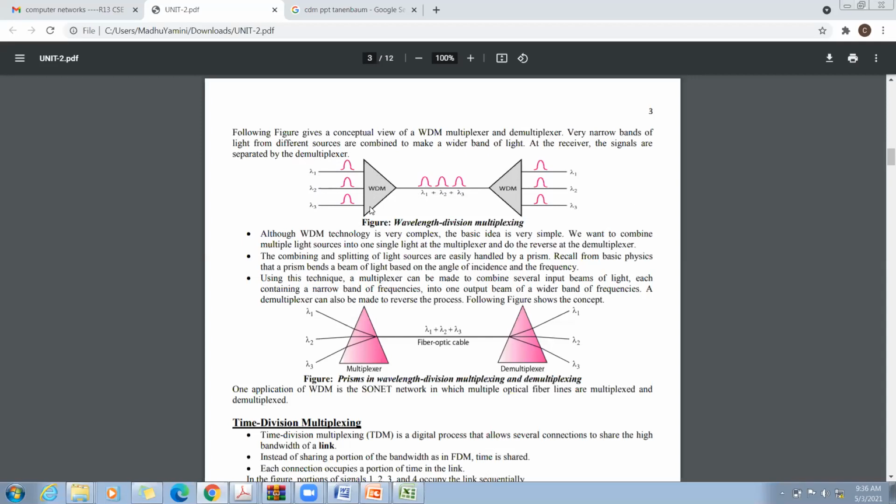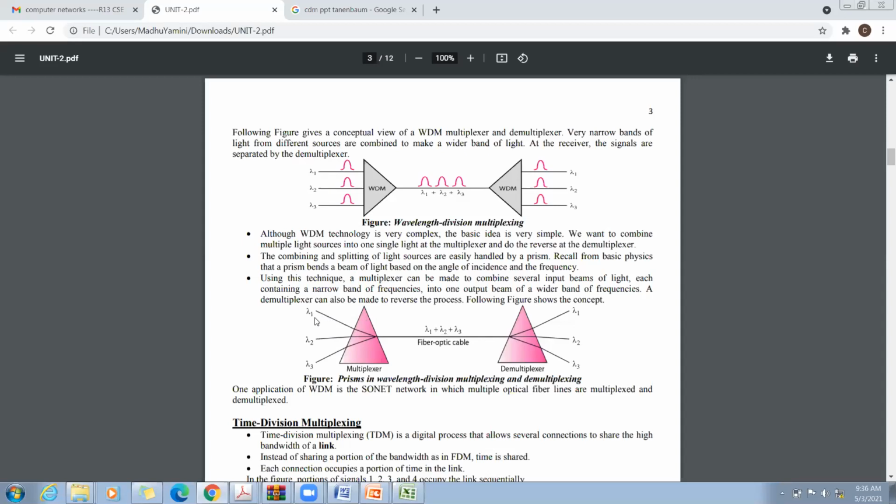The cursor is pointed here. This is the WDM multiplexer, called the wavelength division multiplexing multiplexer. This is the WDM demultiplexer.